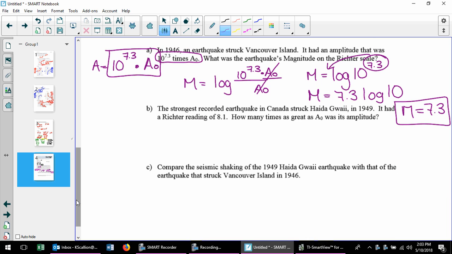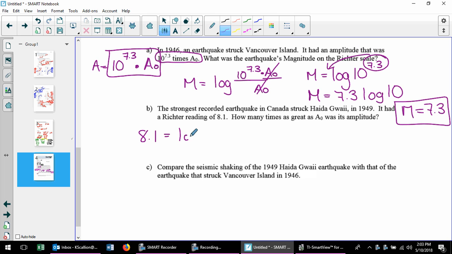All right. So now, some stronger recorded earthquake in Canada, somewhere where I've never been, had a Richter reading of 8.1. How many times as great as A initial was the amplitude? Got it? Well, I know that goes in for the magnitude on the Richter scale, 8.1.